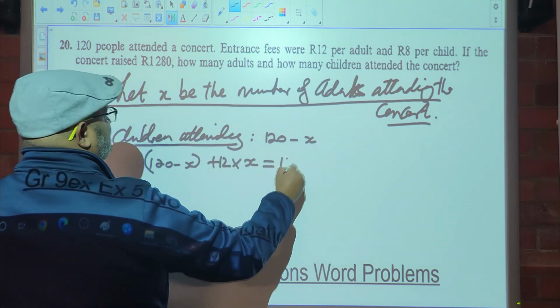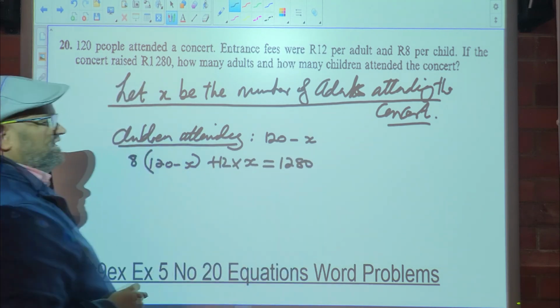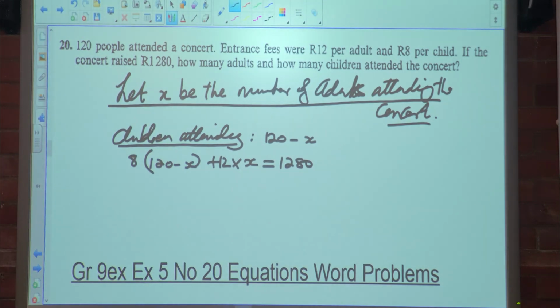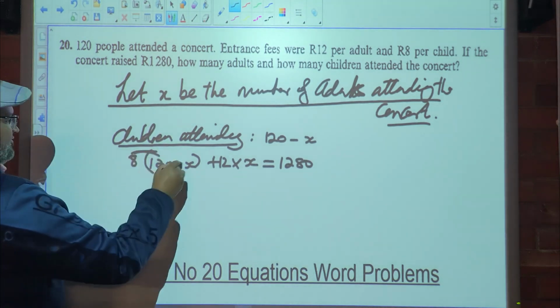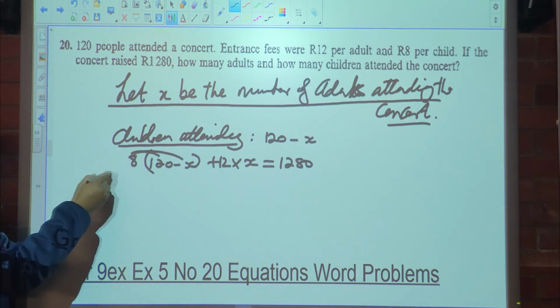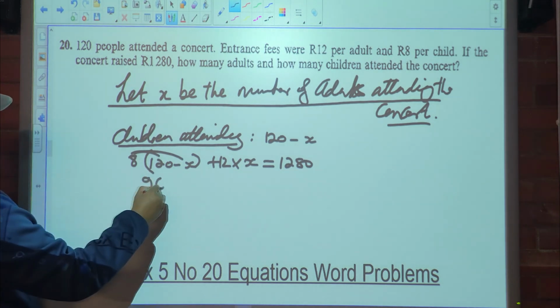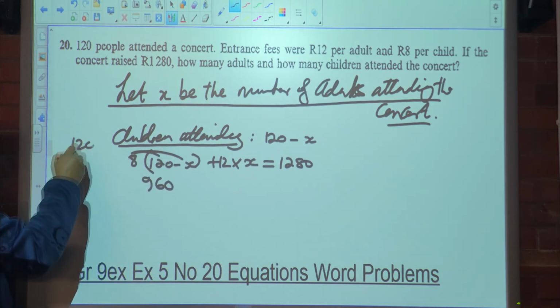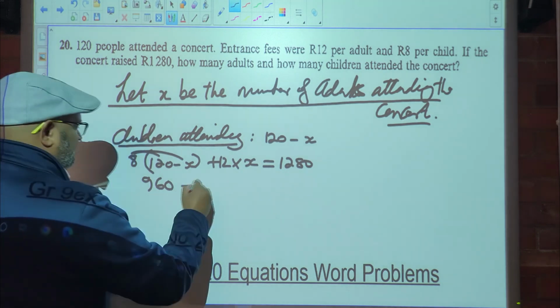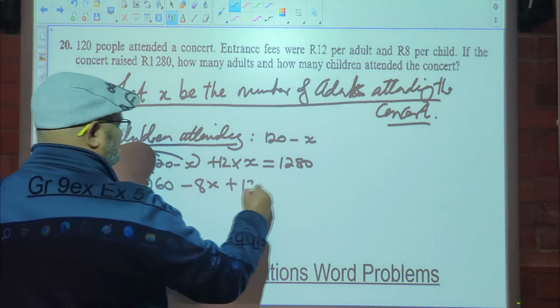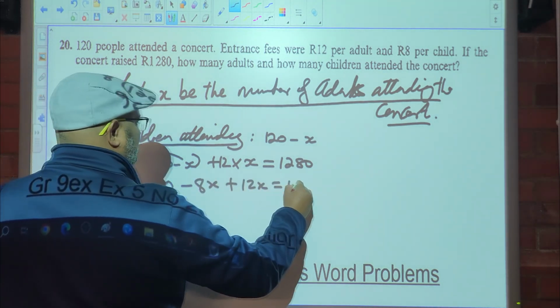And that gives me a total of 1,280 Rand. So we get rid of the brackets. 960 minus 8x plus 12x is equal to 1,280.